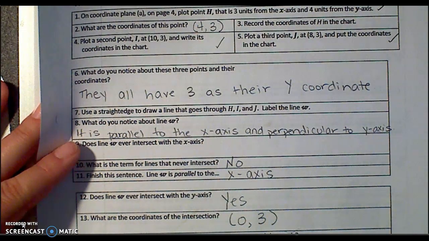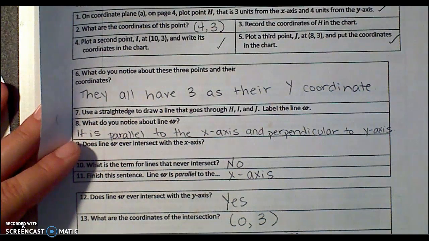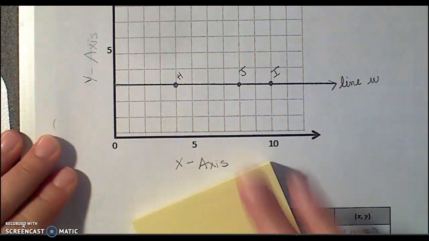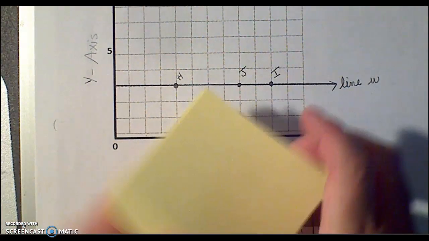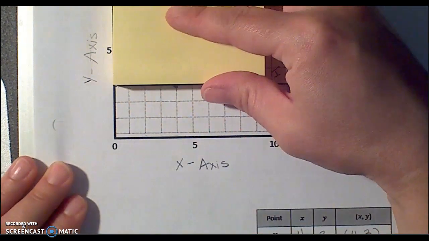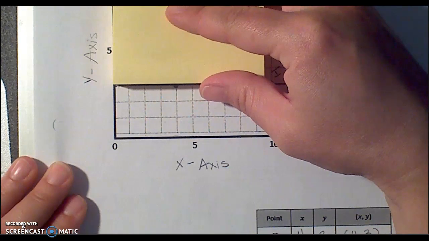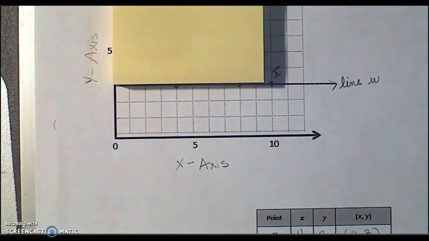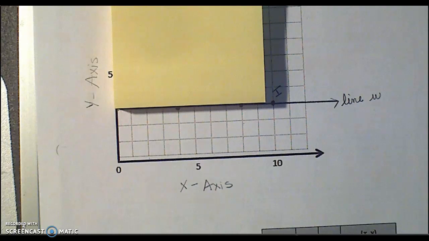It says, what kind of angle is formed at the intersection of line W and the y-axis? Well, if I take my sticky note here, and I know that this is a right angle, I can stick my sticky note in there and it fits perfectly in that corner.